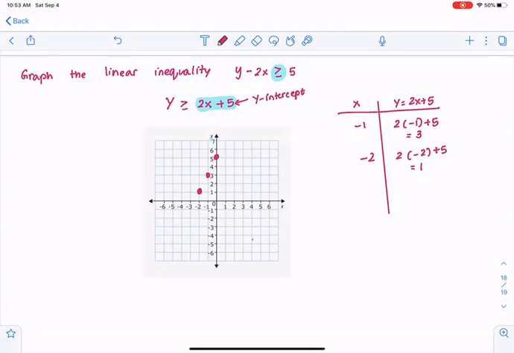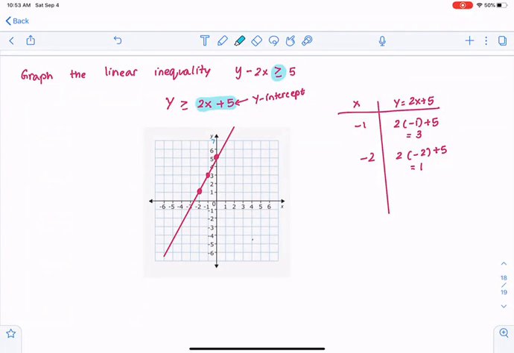And I'm going to draw a line, and it's solid because I have greater than or equal to. So that is my line. Now we have to find a solution, or points that would satisfy this inequality.